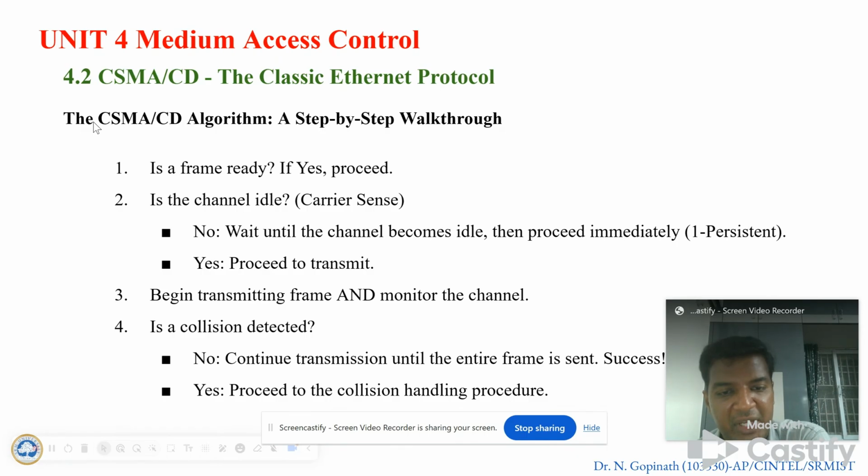Begin transmitting the frame and monitor the channel. Is a collision detected? If the answer is no, continue transmission until the entire frame is sent. That is success. If a collision is detected, proceed to the collision handling procedure.